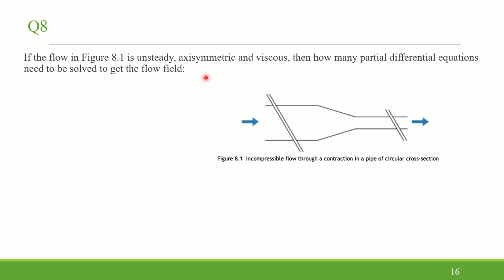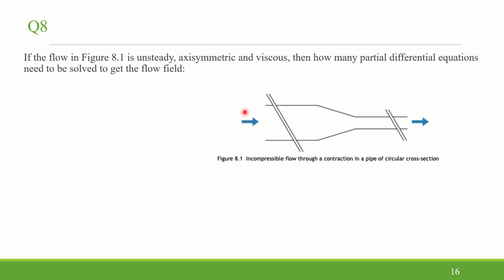Okay, we'll discuss the answer. So now it is an incompressible flow. So we need not solve for the energy balance equation, but the remaining equations we need to solve. Of that we have one continuity equation, and if we talk about the momentum conservation equation, we will have it in the x, y and z direction. Because the pipe is given as circular cross section, we will be having 3 dimensions.